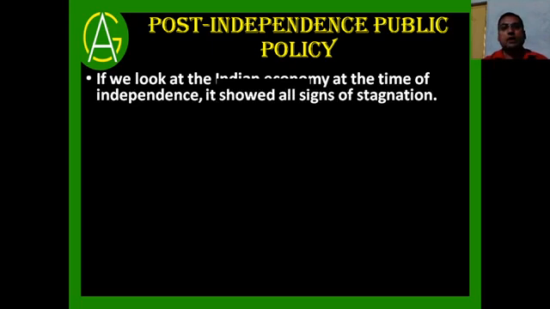So in this particular video, we shall identify the policies that were implemented by the government after independence, that is post independence. Post independence means after independence. If we look at the Indian economy at the time of independence, it showed all the signs of stagnation.